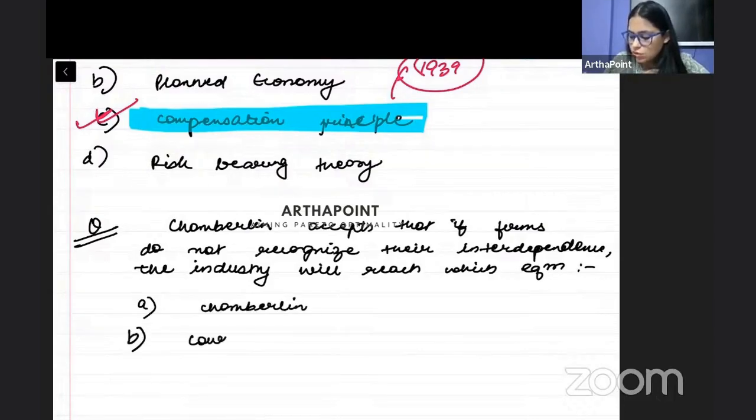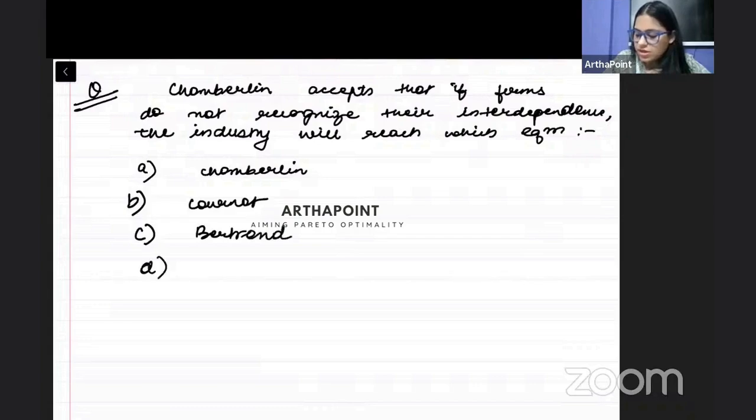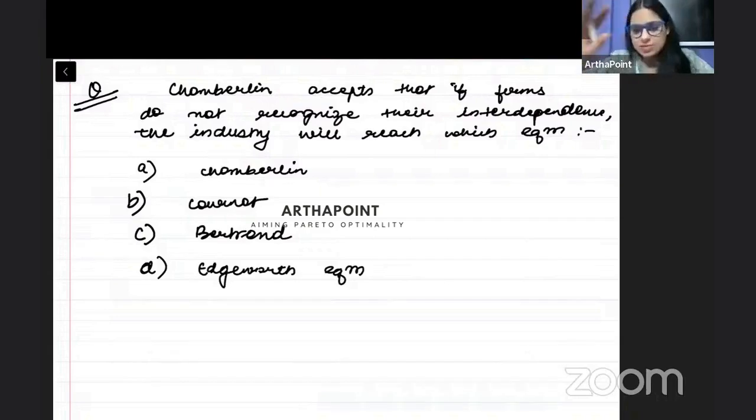B, Cournot equilibrium. C, Bertrand equilibrium. Or D, Edgeworth equilibrium. तो चेम्बरलेन के हिसाब से अगर फर्म्स एक दूसरे की इंटरडिपेंडेंस को ना समझ पाए, वो ये ना समझे कि मैं आप पर और आप मेरे पे इंटरडिपेंडेंट हो, तो एक इंडस्ट्री कौन सा इक्विलिब्रियम अटेन करेगी? Which equilibrium will an industry attain if they don't look into their interdependence with each other?